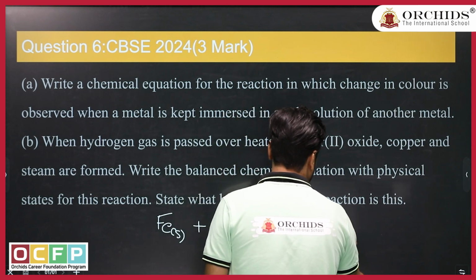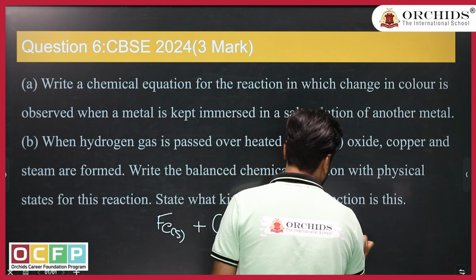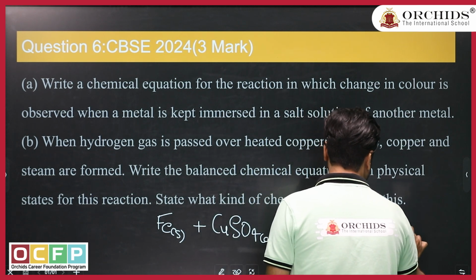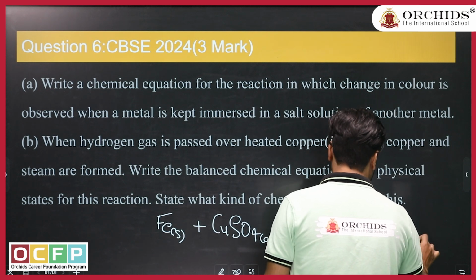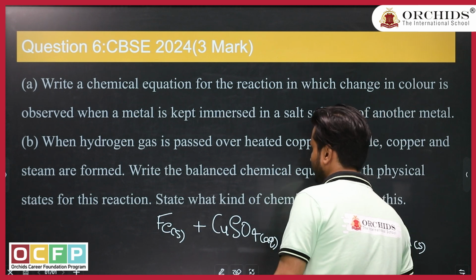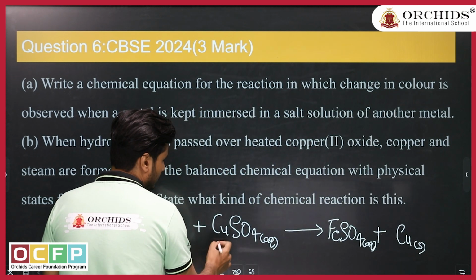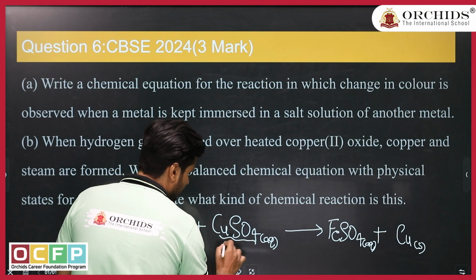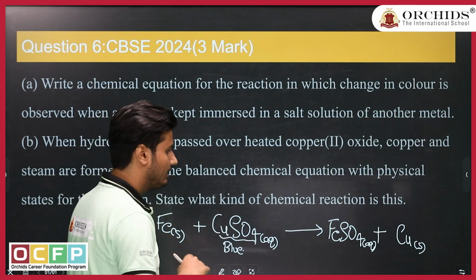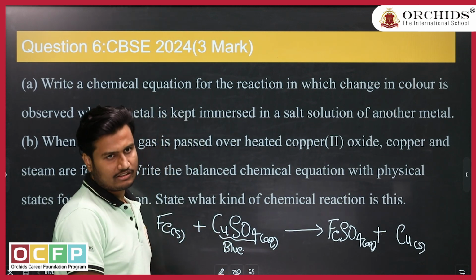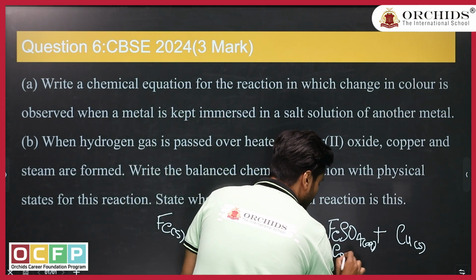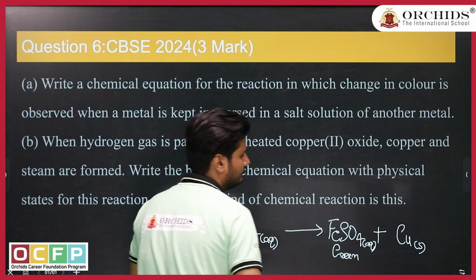that will give us FeSO4 plus Cu. Now, what is the original color of this copper sulfate? This is blue in color. Now, when iron displaces copper in the solution, the solution color changes to green color.